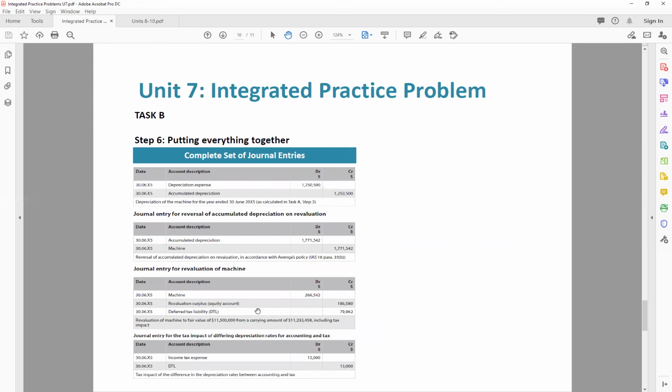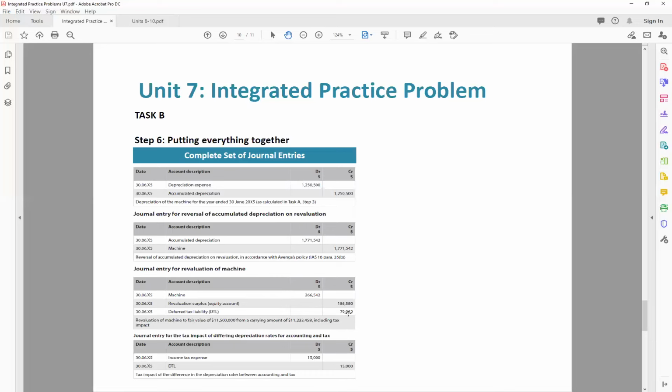And so if we put everything together, what we find is, step one, for the journal entry, we need to recognize the current year depreciation expense. Step two, which is now going into the revaluation method, is that we need to write back the depreciation. Step three, recognize the revaluation increment, so the difference between these two.